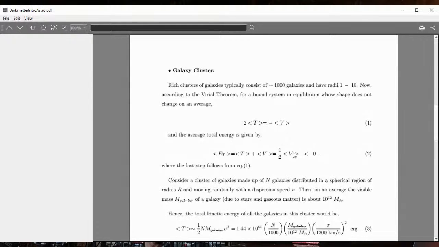But because for attractive potential energy is always negative, average potential energy is also negative, and therefore for a bound system as we require, the average energy is also negative. So everything is consistent so far.